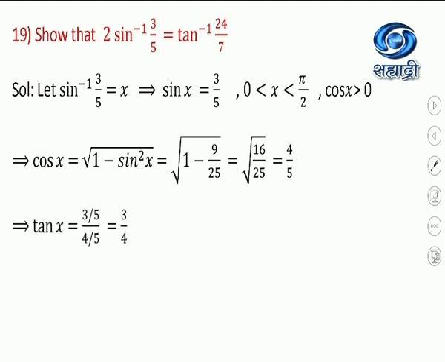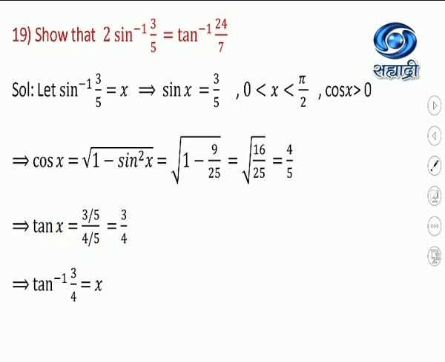Okay, now the next is sin x and cos x we got, which is sin x 3 by 5 and cos x 4 by 5. With this, find out tan x. This is the ratio 3 upon 5 divided by 4 by 5. 5 and 5 get cancelled and we have 3 by 4. Clear? Therefore, tan inverse of 3 by 4 is equal to x.